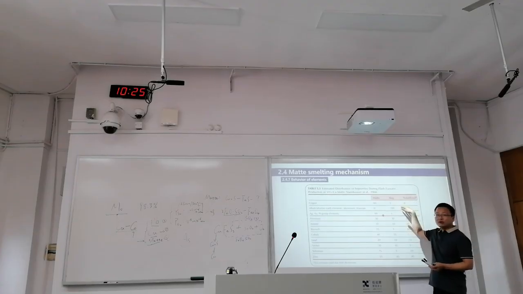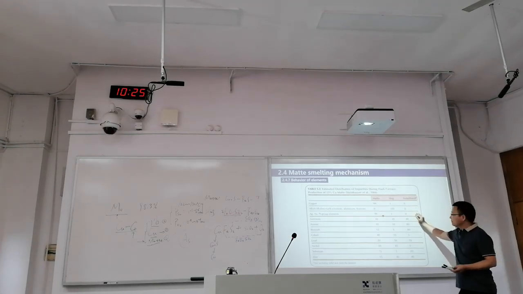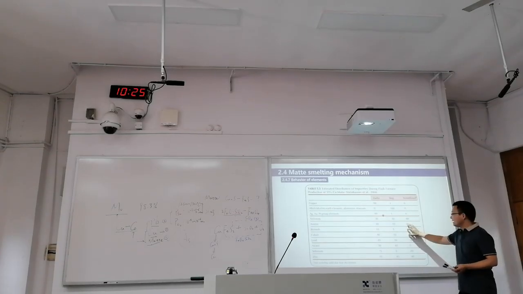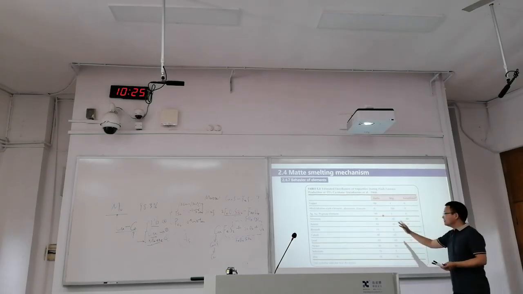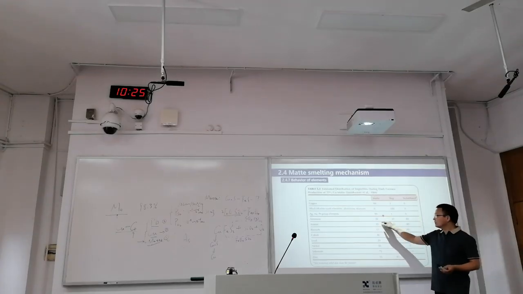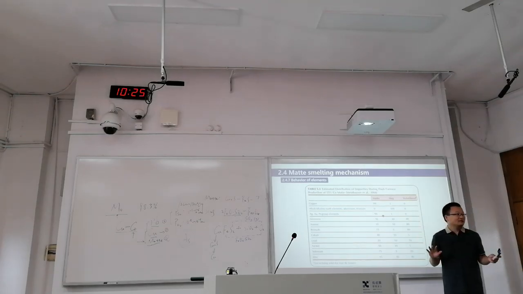The first 3 rows: copper in matte, alkaline metals in slag, PGMs in matte. But for the following part, antimony, arsenic, bismuth, cobalt, they have different behaviors, especially antimony. So 1/3, 1/3, 1/3. So this is a problem, right?